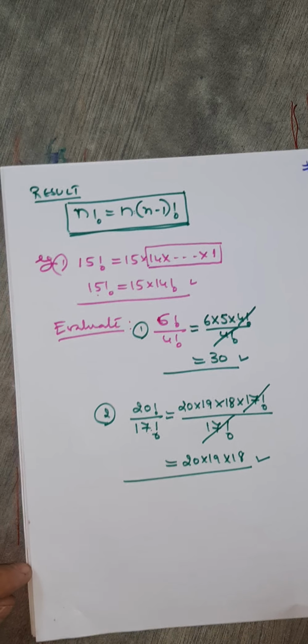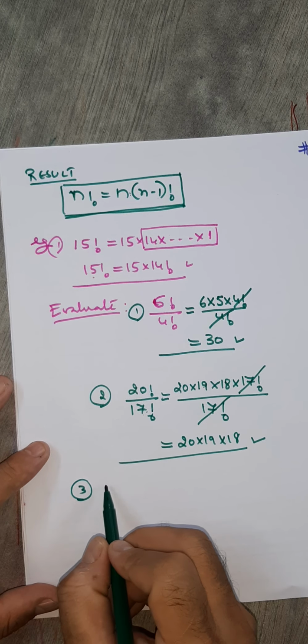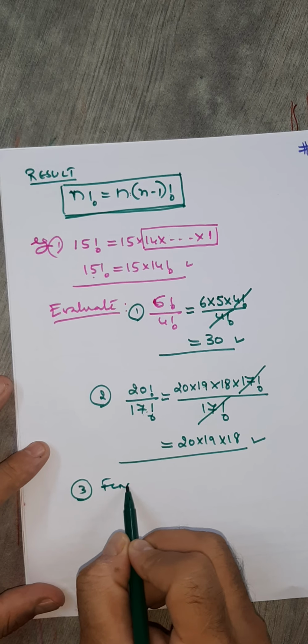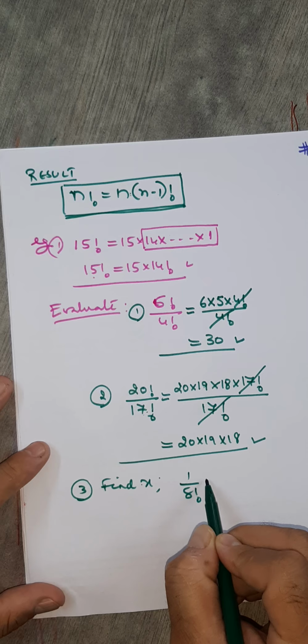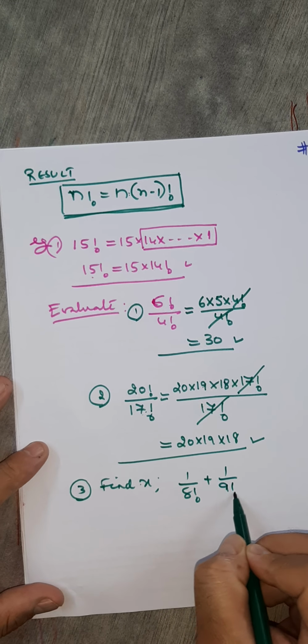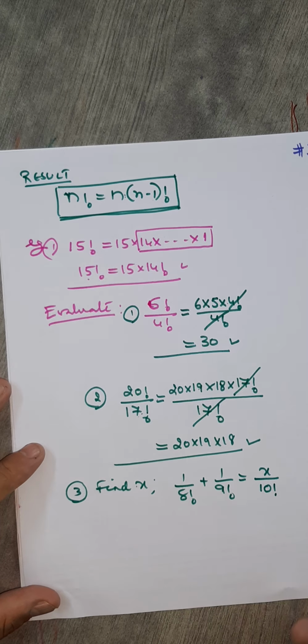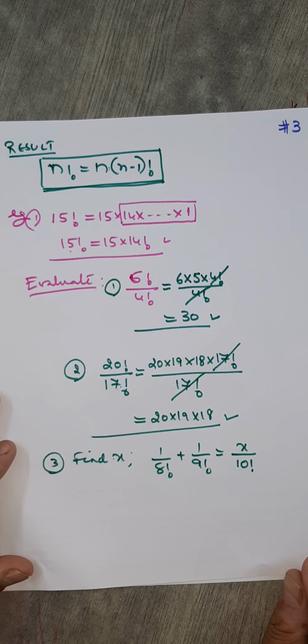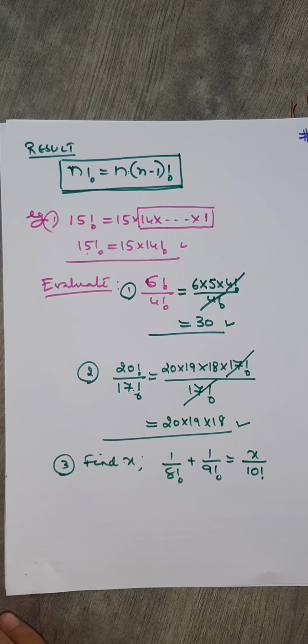Suppose I'll take one more example here. Find x. This is the question. You are given 1 upon 8 factorial plus 1 upon 9 factorial equals x upon 10 factorial. Now one way is you can put in one by one the values of 8 factorial, 9 factorial and so on, but it becomes difficult.